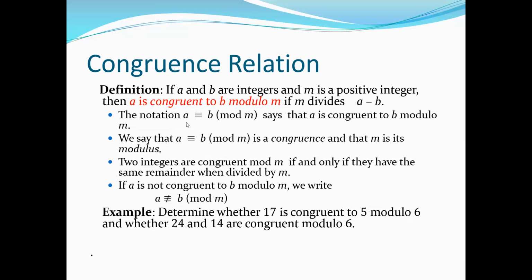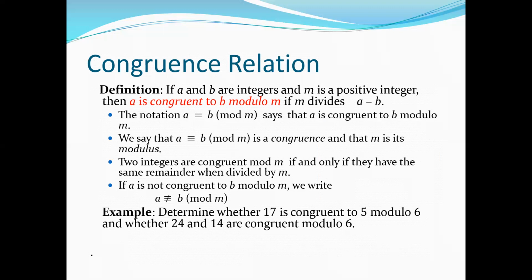We read this as a is congruent to b modulo m. Again, this m is a factor of the result of a minus b. So that's the meaning of the congruence relation.